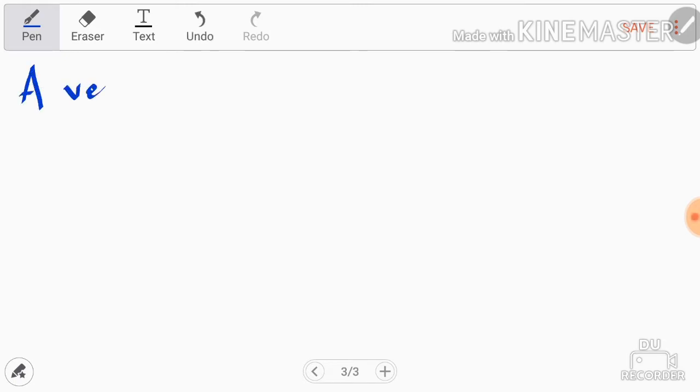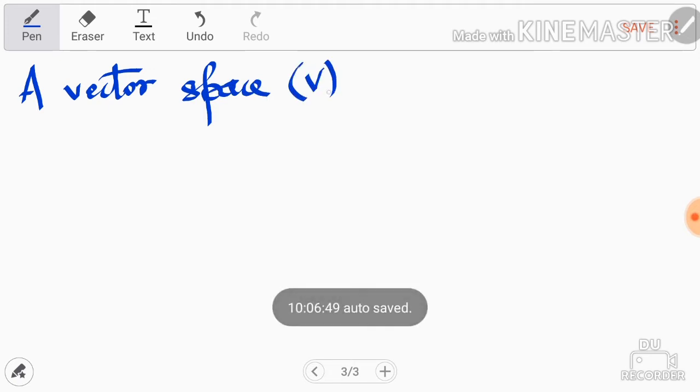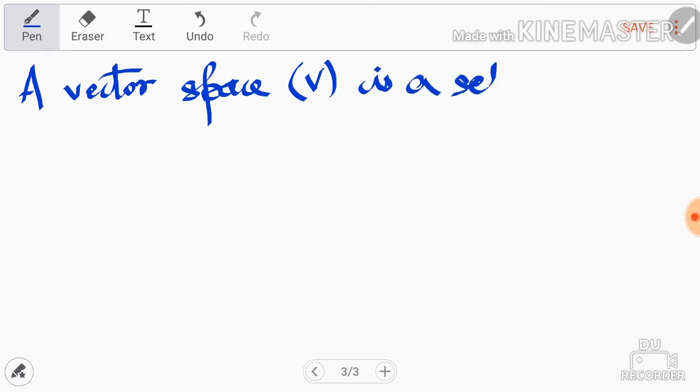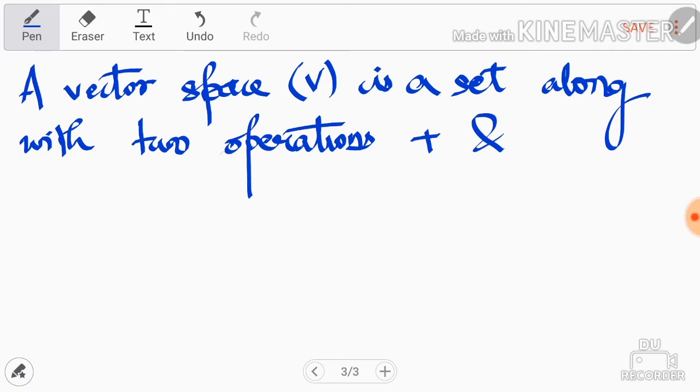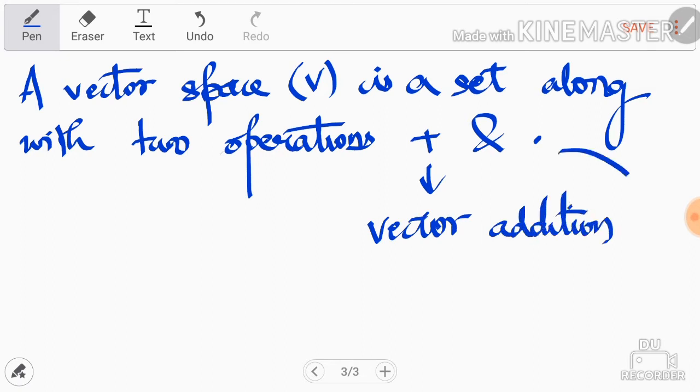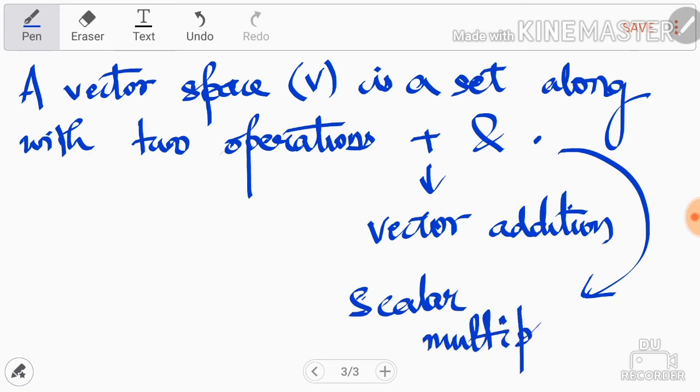A vector space, let us call it V, is a set along with two operations, plus and dot. They are called vector addition and scalar multiplication.